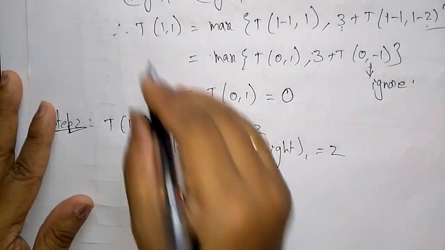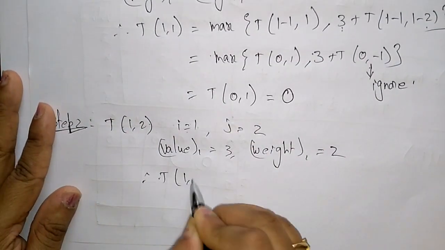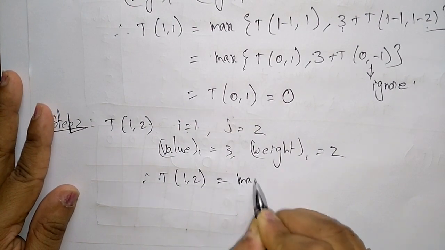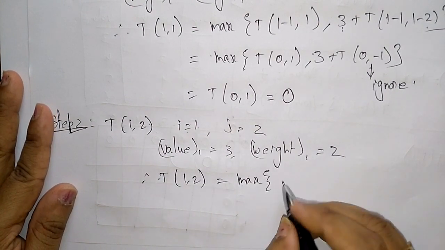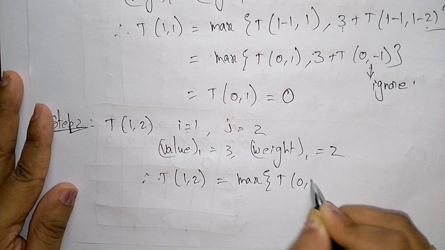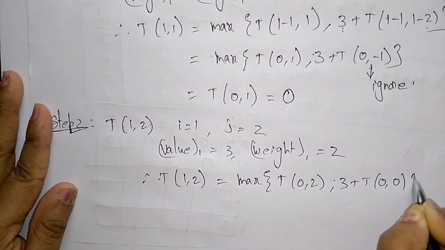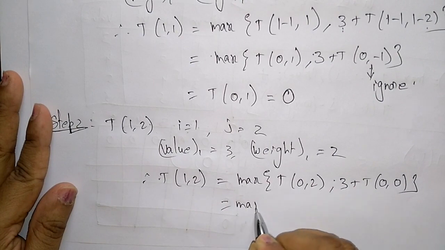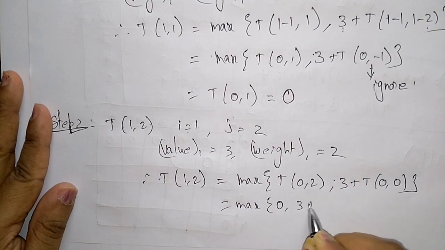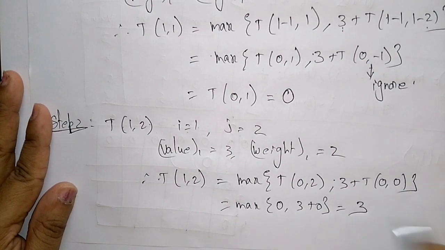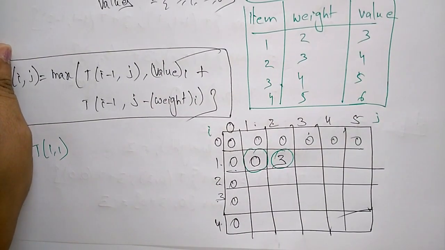Just substitute those values in the equation. T of 1 comma 2 is equal to maximum of T of 0 comma 2 comma 3 plus T of 0 comma 0. Then maximum of 0 comma 3 plus 0. So the maximum value is 3.